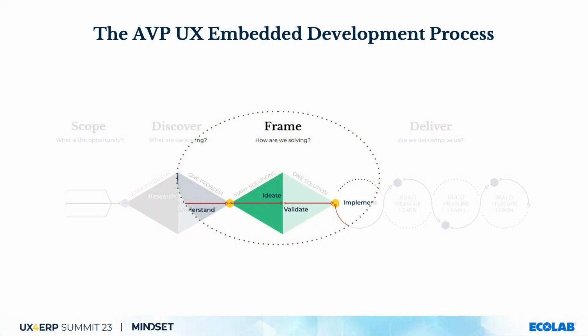And so our design thinking, which can be an elaborated process that starts with the scoping and works through the discovery into framing, was consolidated to this. We had a design workshop that we executed, and we're calling this a UX embedded development process right now.